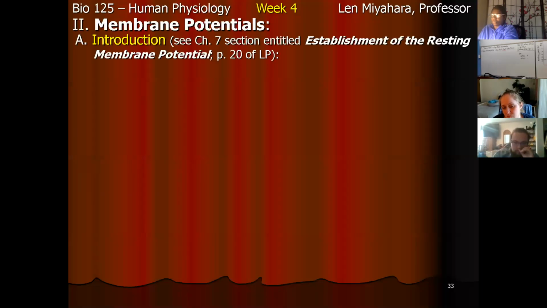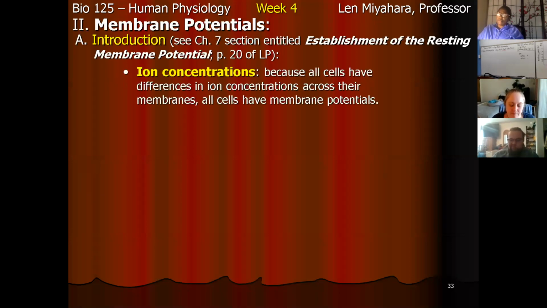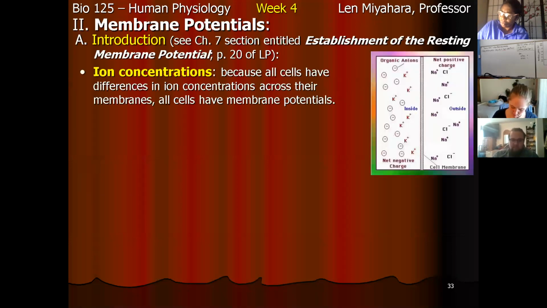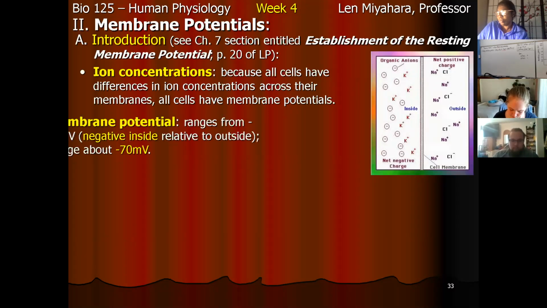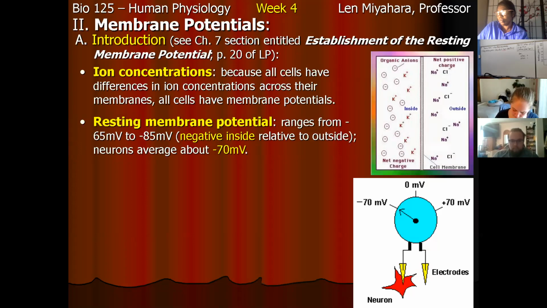All right, so let's talk about membrane potentials. Again, we have different ion concentrations between ECF and ICF. We just talked about that. The very first membrane potential we're going to cover is resting membrane potential. Now, every neuron has a slightly different resting membrane potential. They are not all the same.